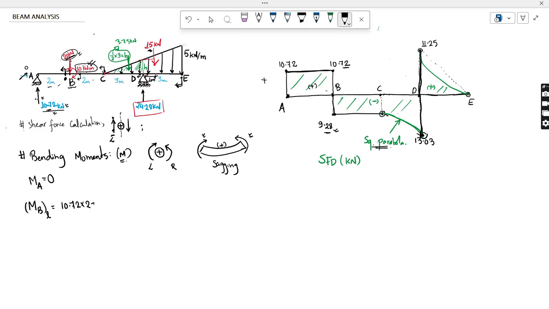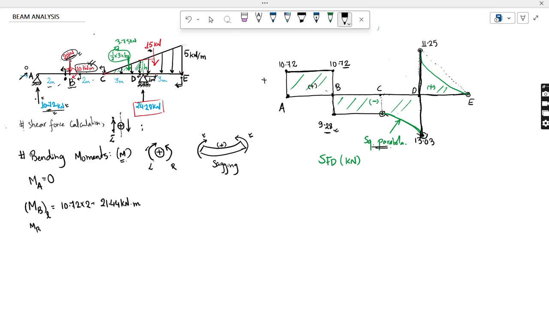It is positive because look at this arrow, it is going upward, and this sign is also going upward. In a sense, from the left, a clockwise moment has to be taken positive, and this 10.72 is giving me clockwise at this point. So the value comes as 21.44 kNm, that is kilonewton meter, and it is positive.